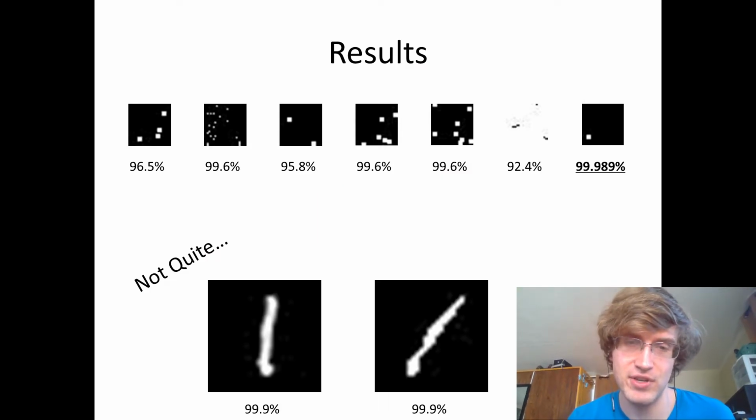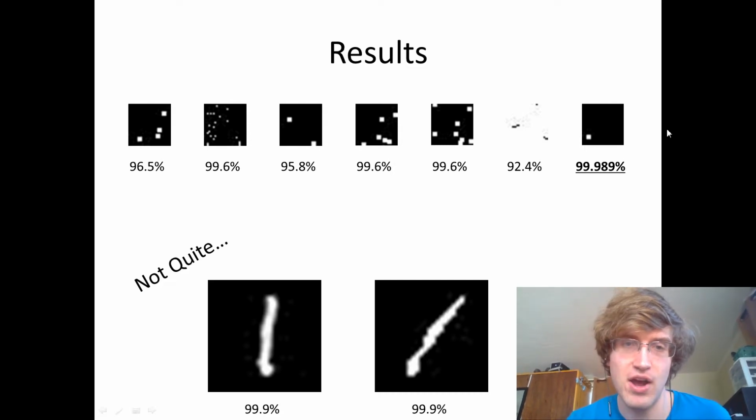And here's some results that I got. These images on the top row all had very high softmax scores, so very, very confident classifications, and all of these are supposed to look like the image for a handwritten digit of a 1. So they should ideally look like what we have down here at the bottom. These images, when I passed them through the CNN, had like 99.9% softmax scores.